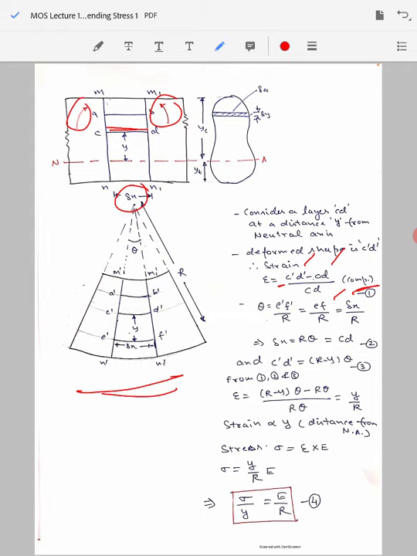Now let's look at the bottom figure. We see that there is a fiber E dash F dash situated at the neutral axis.